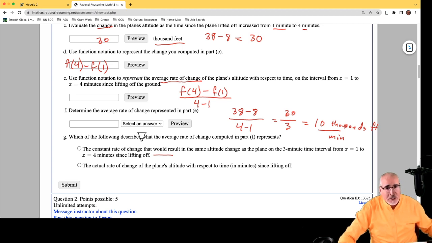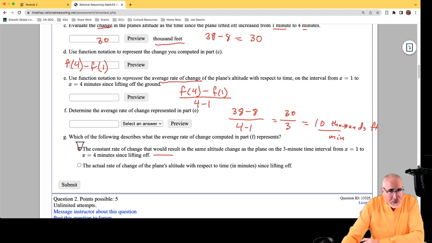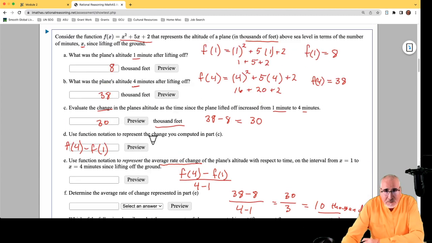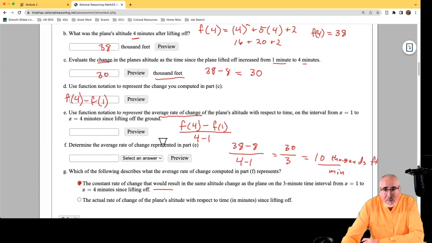It's not really the actual rate of change of the plane, because what we're getting is an average. So it's a constant rate of change that would be needed to make it happen. We don't actually have an actual rate of change. We don't have the actual path. That's the function with the x squared.